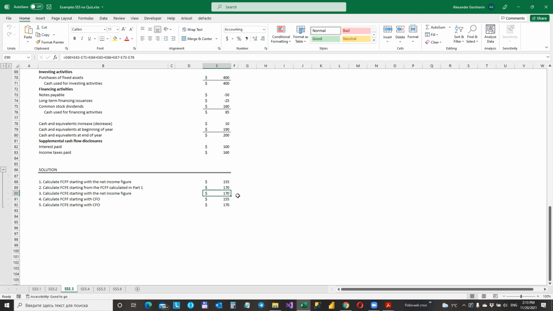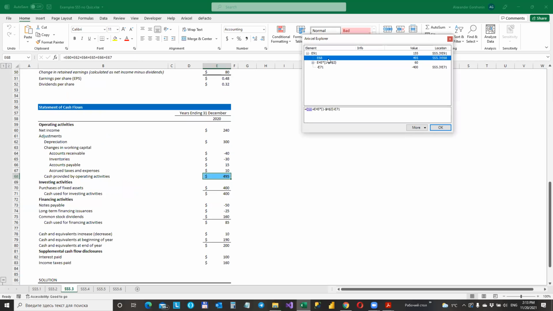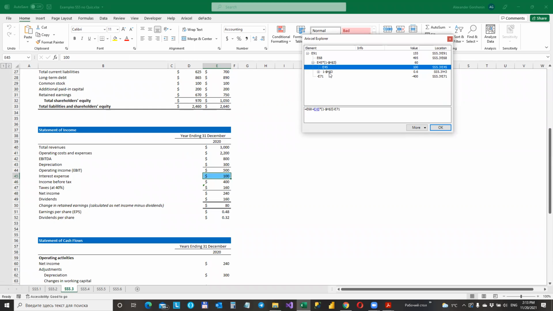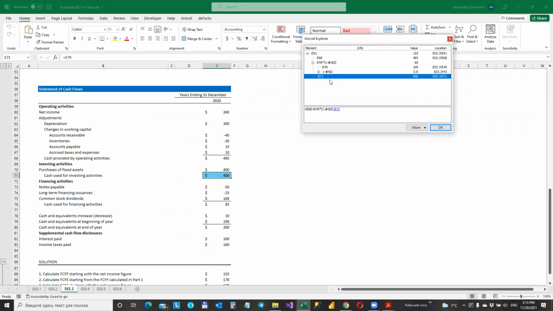Let us check if it works for FCFF too. Let us calculate FCFF directly starting from CFO. Again, using our navigator, we start with cash provided by operating activities. We add interest expense multiplied by 1 minus tax rate, and again we subtract, but would add a negative figure in other conventions, the investment cash flow.